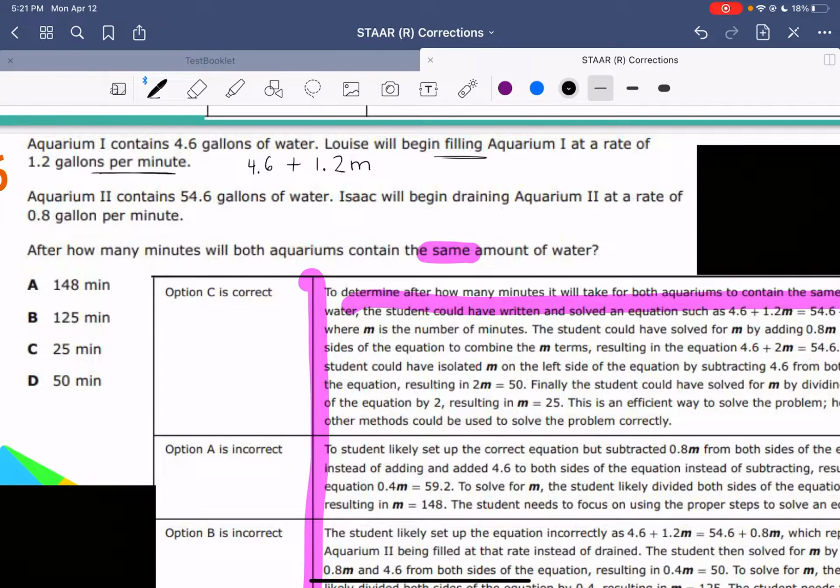Then, since we're looking for when they're the same, we set them equal to each other. Aquarium 2 has a total of 54.6 gallons just starting out, so there's no variable, and he's draining the aquarium at a rate of 0.8 gallons, so minus 0.8 gallons per minute. I'm going to use an M there as well.